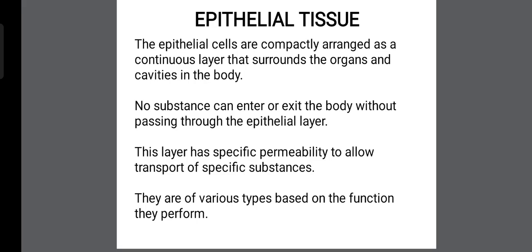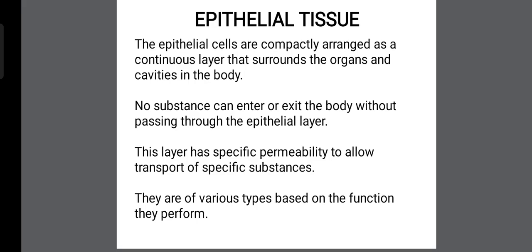So every other organ is surrounded by a protective layer, and this is made up of epithelial tissues. No substance can enter or exit the body without passing through the epithelial layer. Okay? This layer has specific permeability to allow transport of specific substances.